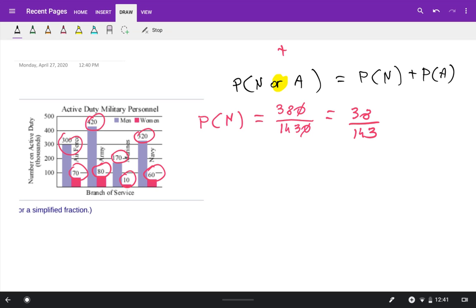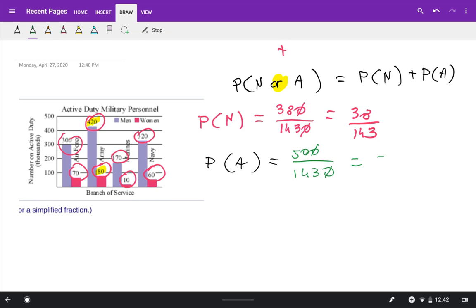Now, the probability that we're going to select somebody from the Army. From the Army, here we have 80 plus 420, which gives us 500, over 1430.